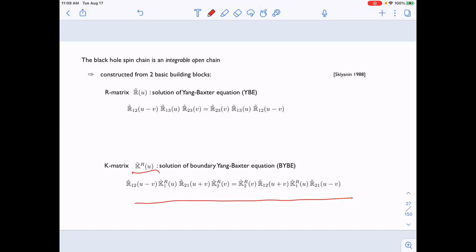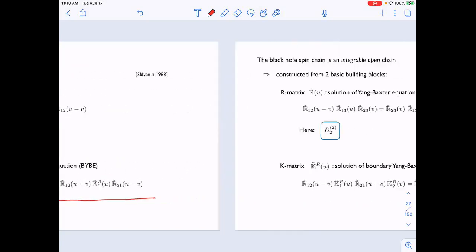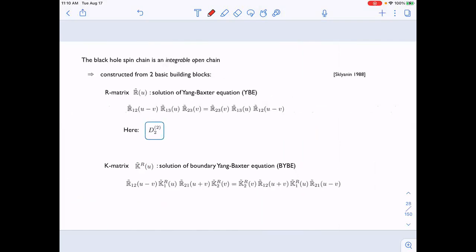So this is the right, and that's why we put this extra superscript R. Okay, so given these building blocks, one can then construct an open spin chain transfer matrix. Now, in today's talk, we're going to focus on an R matrix associated to D_2^(2), so the twisted D_2 R matrix.